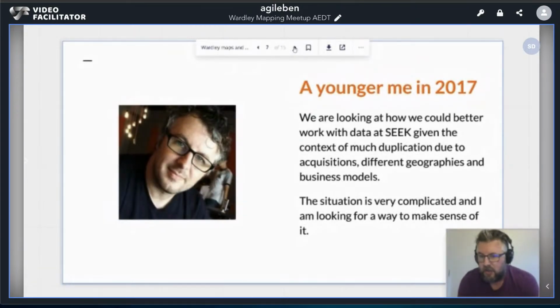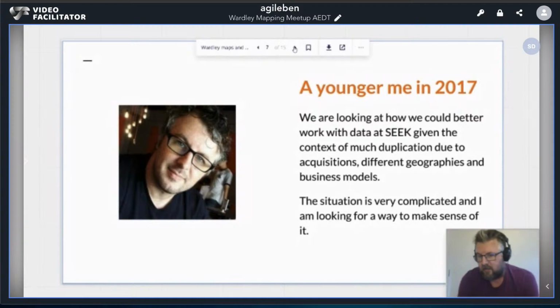There was JobStreet, which was founded in Malaysia and Singapore, and again had grown out across the Southeast Asian region and was competing head-to-head with JobsDB. Seek had a thriving business in Australia and New Zealand, and also had businesses in Brazil, Mexico, China, South Africa, Bangladesh, and various other locations. And so that was great for the growth of the company.